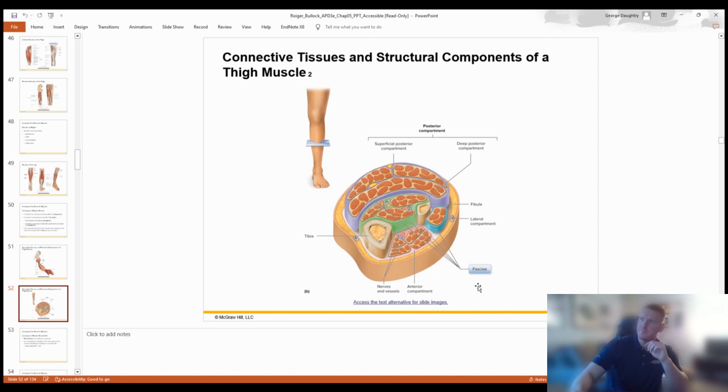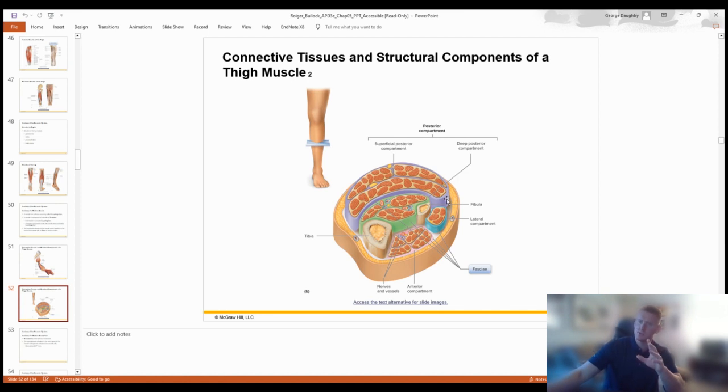So let's talk about it. The big things, the connective tissue and the structural components of a thigh muscle, it's just putting it all together for you. We have multiple epimysiums, right? We have multiple muscle bellies that all lay next to each other.